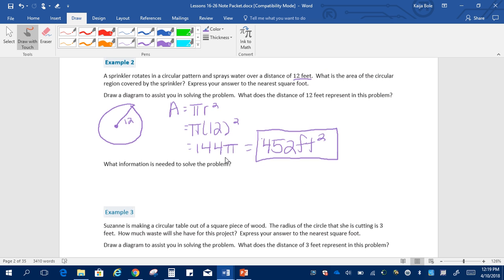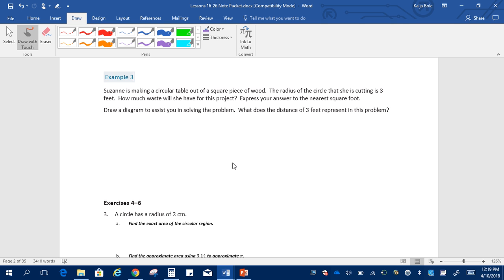So go ahead and flip your page over in your packet where it'll say example 3 at the top. It says Suzanne is making a circular table out of a square piece of wood. The radius of the circle that she is cutting is 3 feet. How much waste will she have for this project? Express your answer to the nearest square foot.